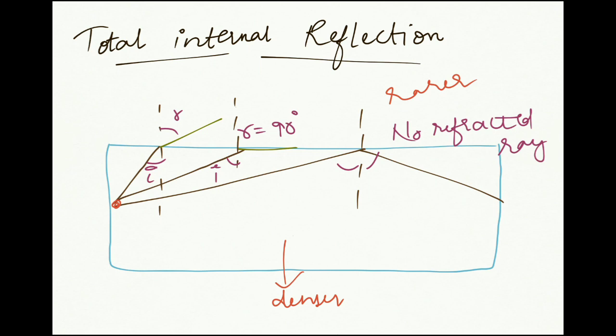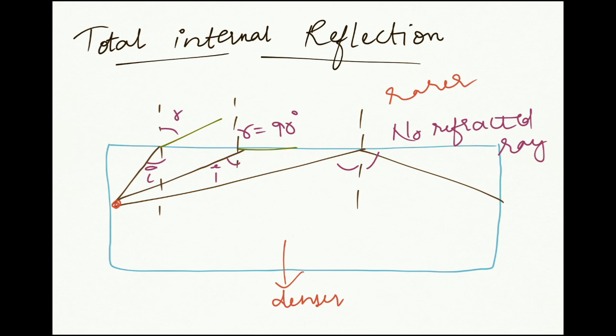Now what is surface of separation? That term is to be noted here. This is the surface of separation, because at this point here you will be having denser and here you will be having rarer. So these two media are getting separated by this surface of separation. That is called surface of separation.